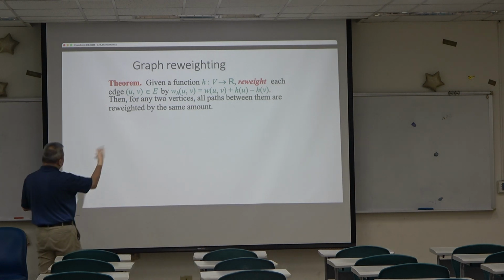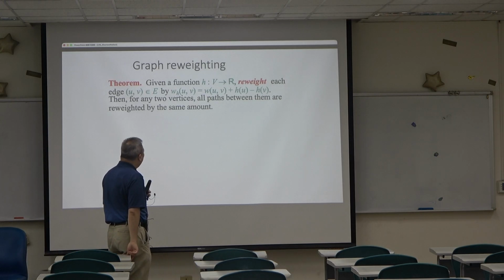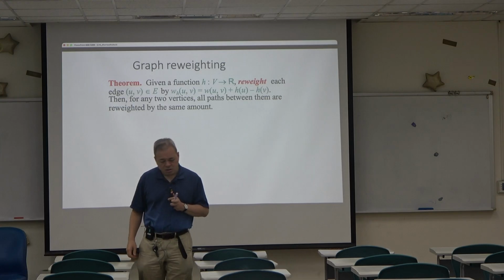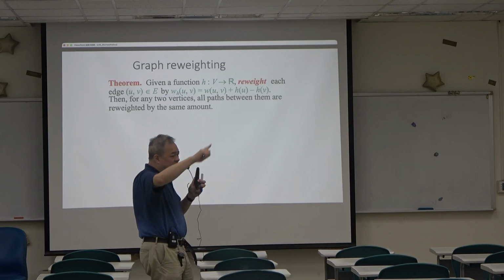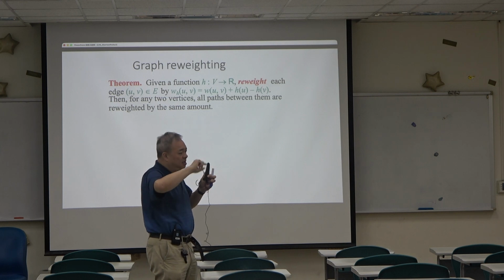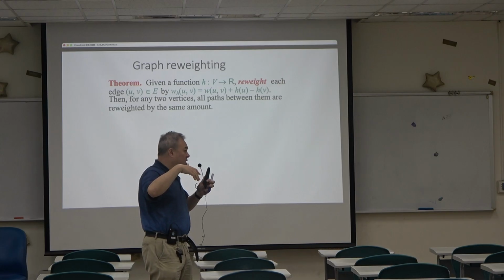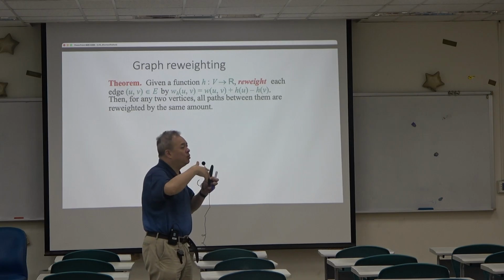If we do that, then for any two vertices, all the paths between them will be reweighted by the same amount. So if you have many paths from node i to node j, say you have 10 paths, then after you do a reweighting, the previous weights for these 10 paths obviously will be changed.